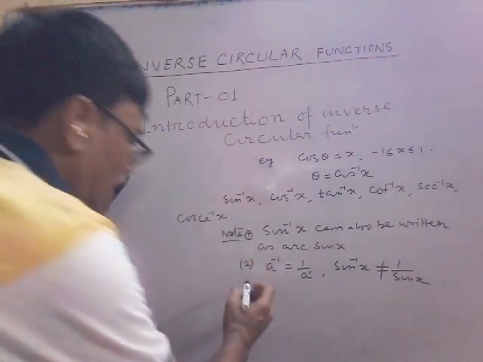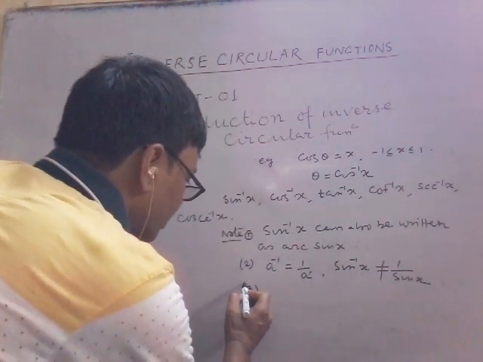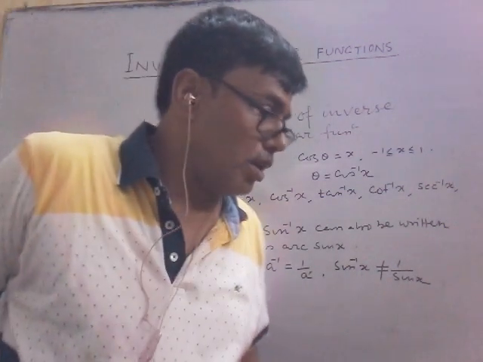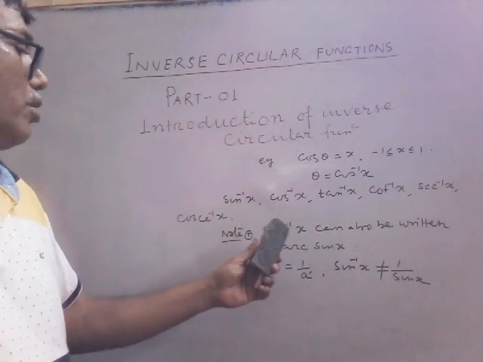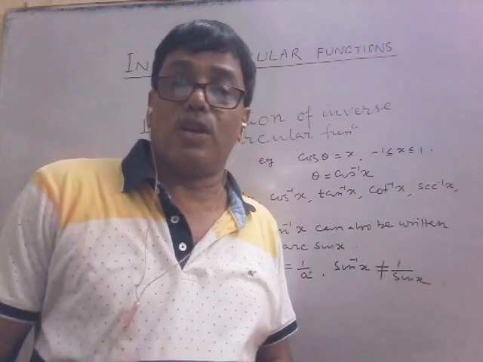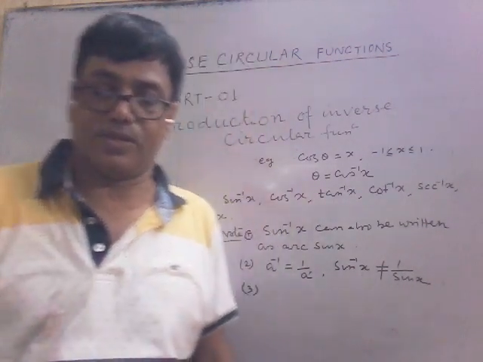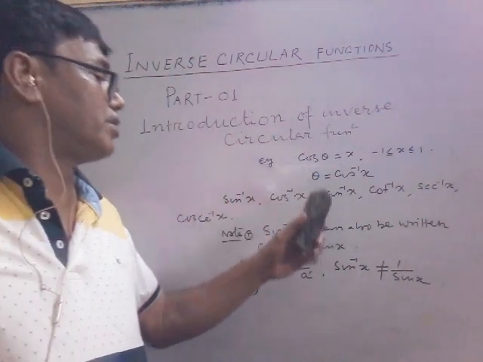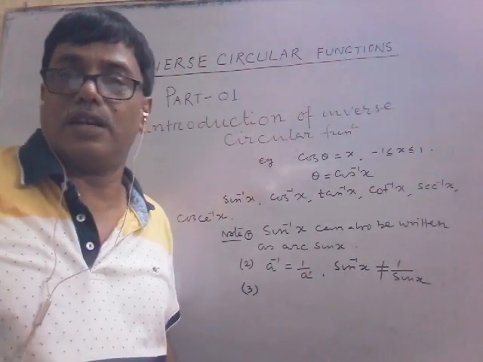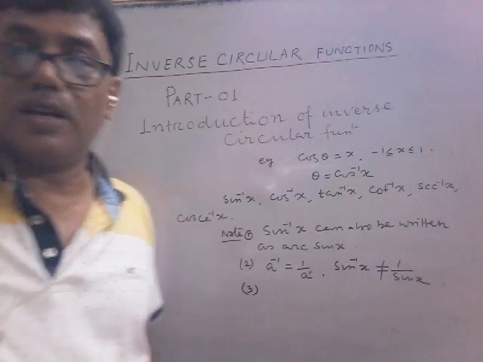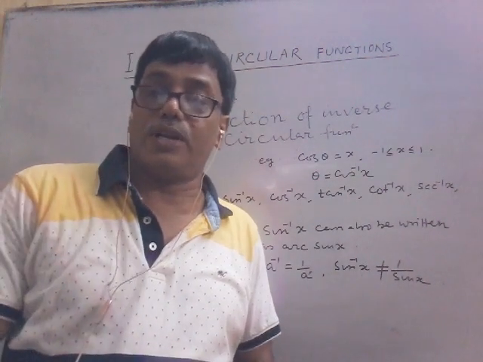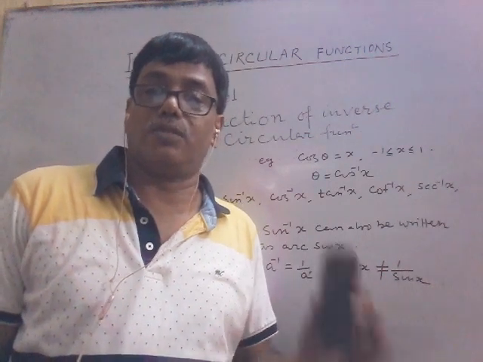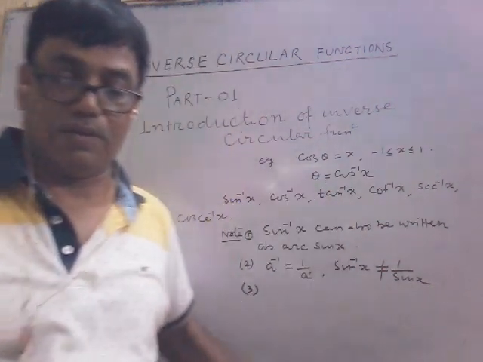So number 3, these functions are called inverse circular functions because here angle is measured in radian and theta is obtained by inverse process.